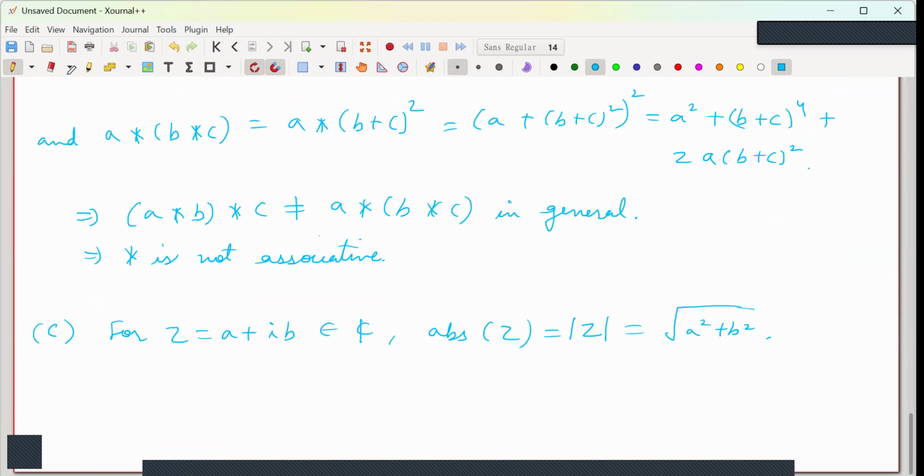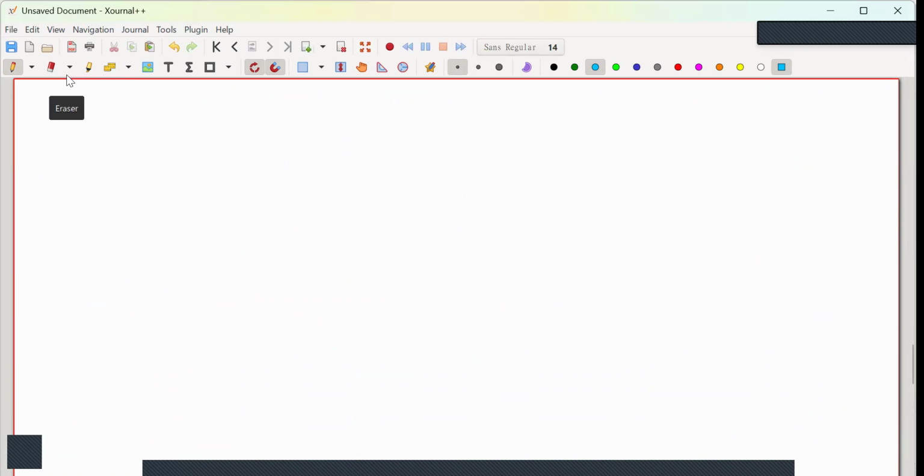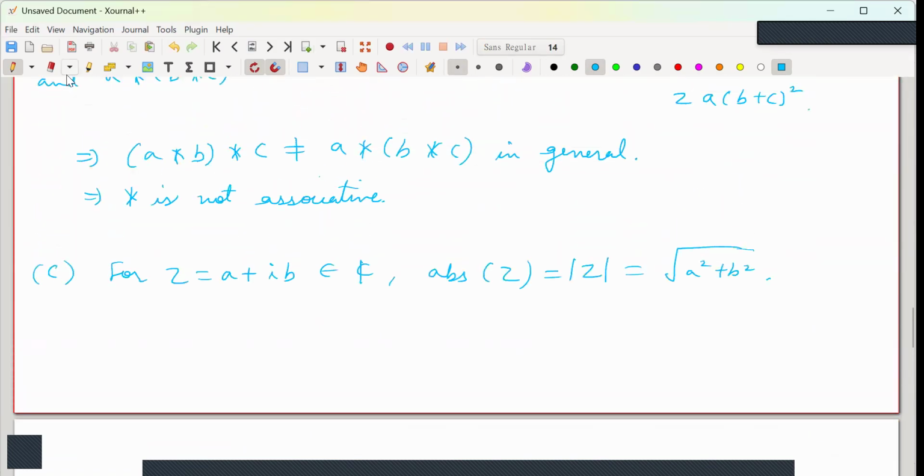If you consider the complex plane, where the real part is x and the imaginary part is y, and this is the center 0, 0 which denotes the number 0, then these are all the numbers which lie on this circle of radius 1.